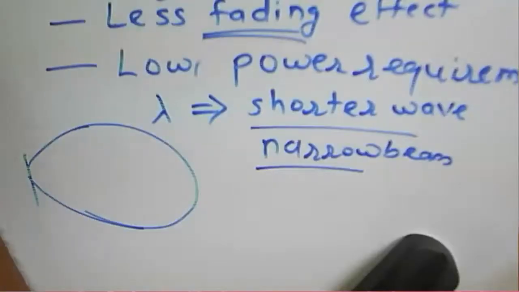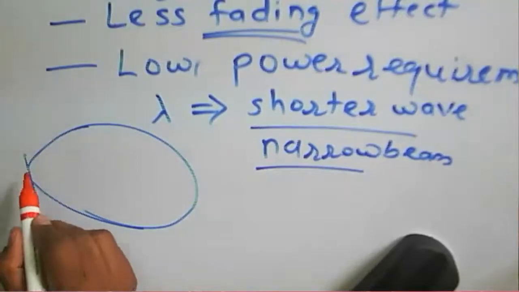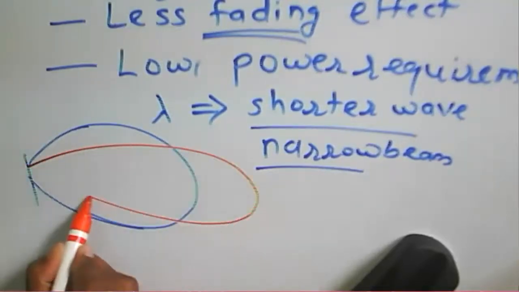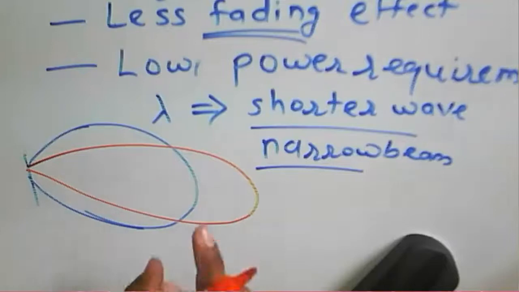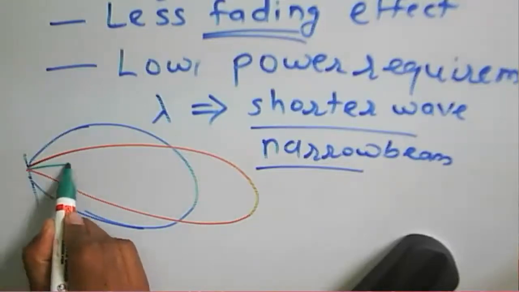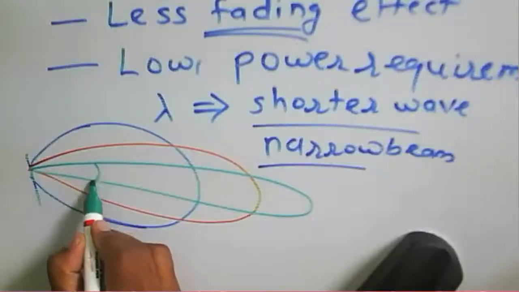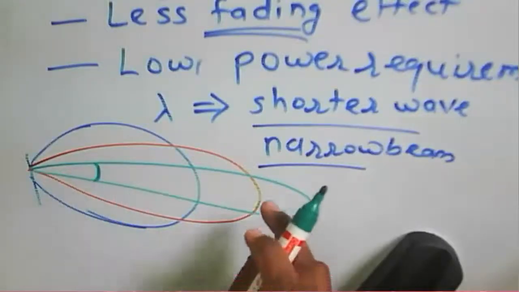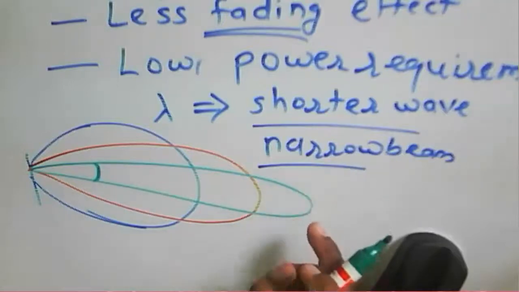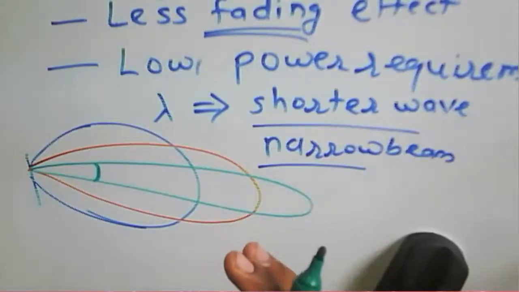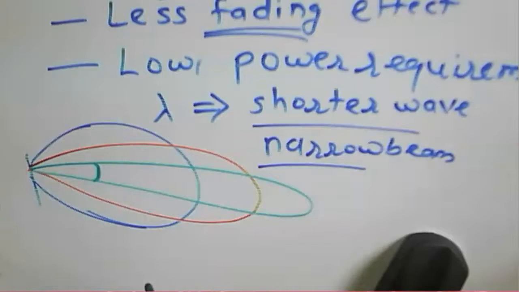If it is a narrow beam, and even more narrow, the beam width is narrow. Even though it covers a small area of propagation, all the power is concentrated in that particular region.